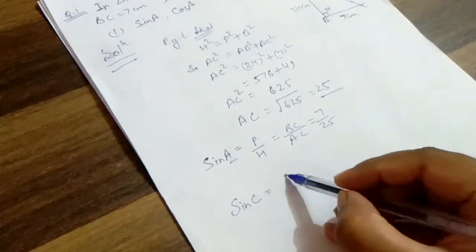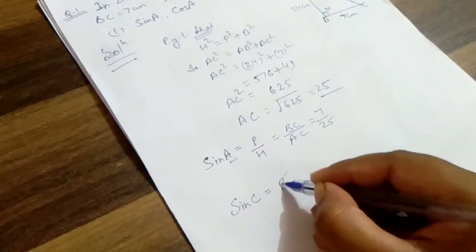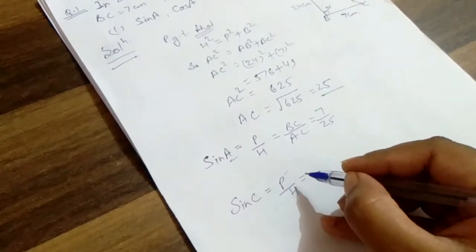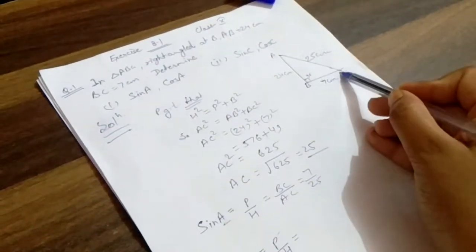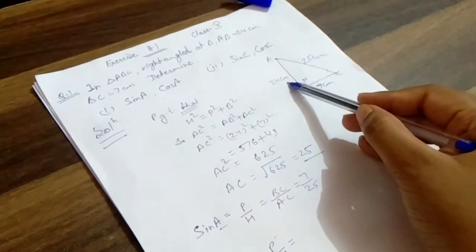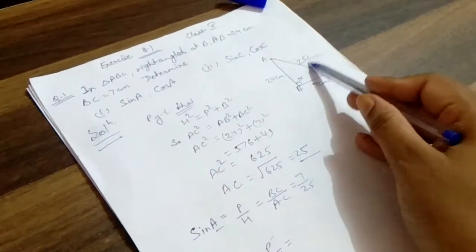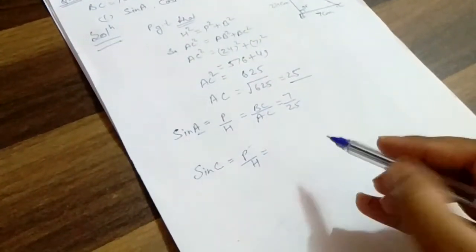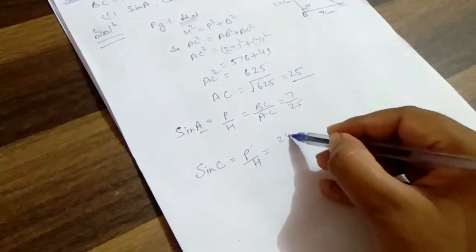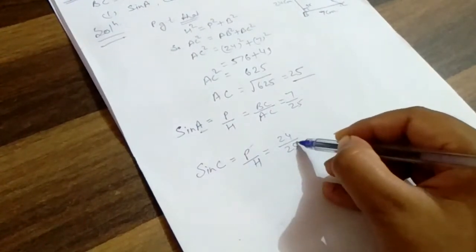For angle C, again sin is equal to perpendicular upon hypotenuse. Now for angle C, the perpendicular is the opposite side, which is AB, and the hypotenuse is 25. So the perpendicular for angle C is 24 and the hypotenuse is 25.